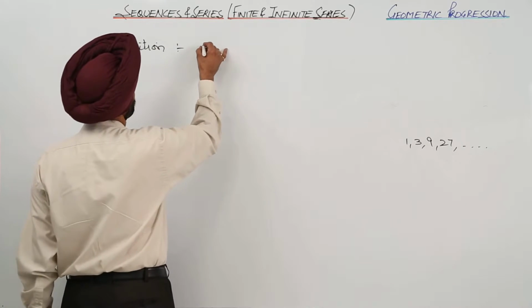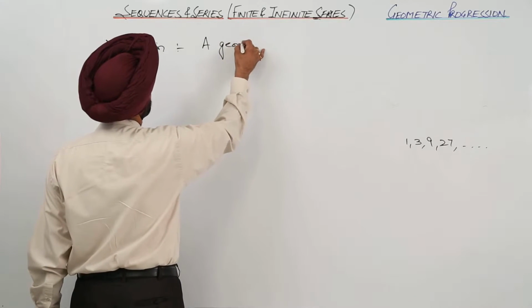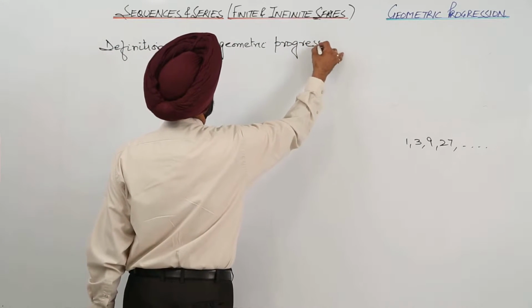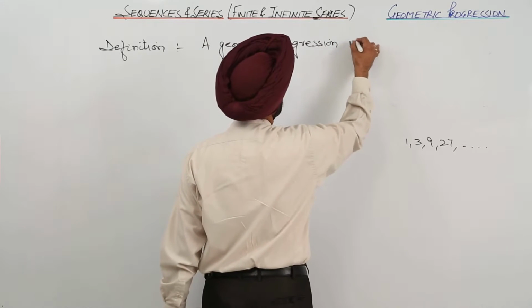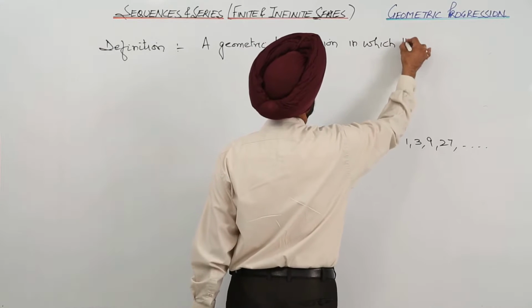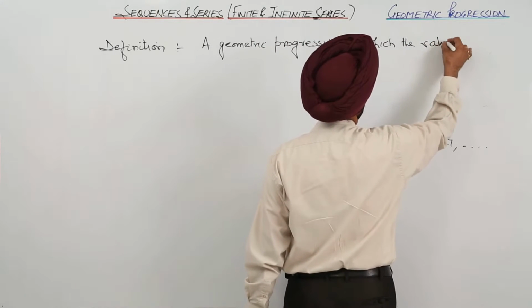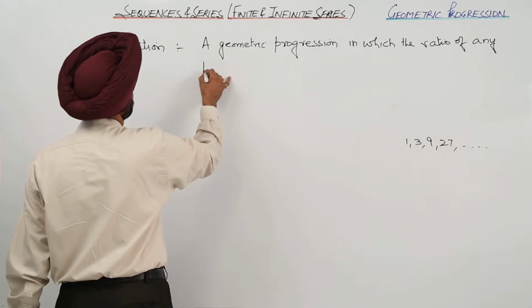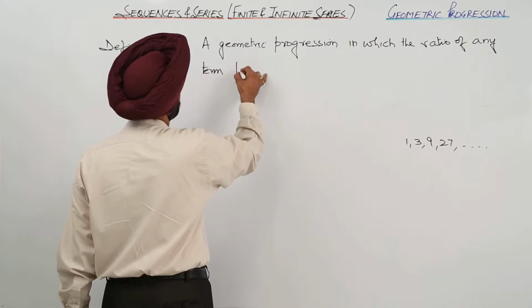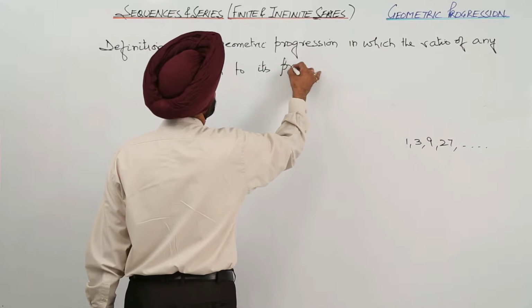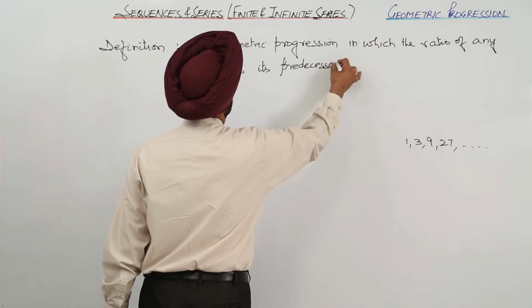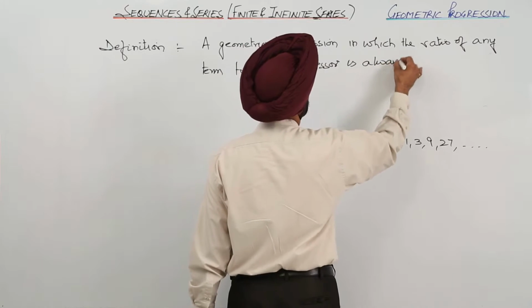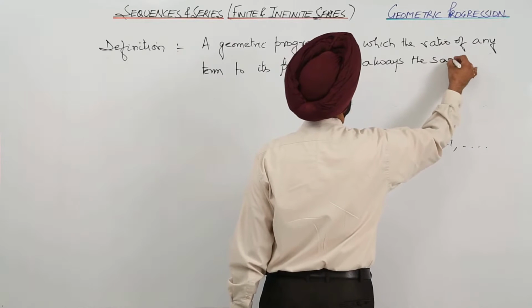A geometric progression is a sequence in which the ratio of any term to its predecessor is always the same number.